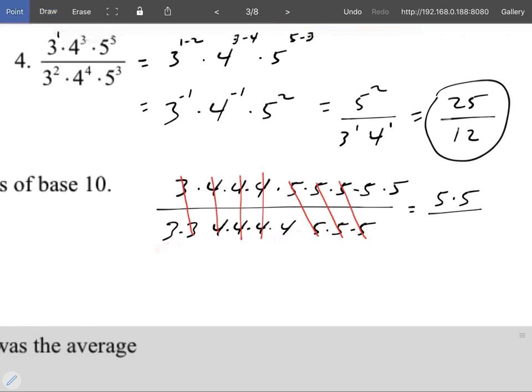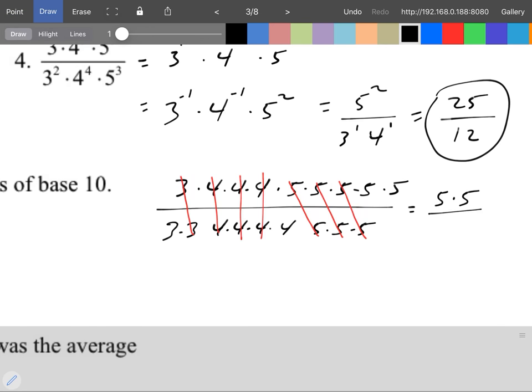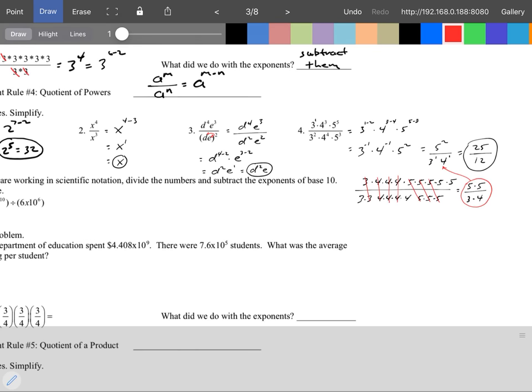And in the denominator, all you have left is the 3 times the 4. Everything else that canceled out in the denominator would be a 1. And you can see that puts you right at this point that we were at right here. Same thing. Okay?